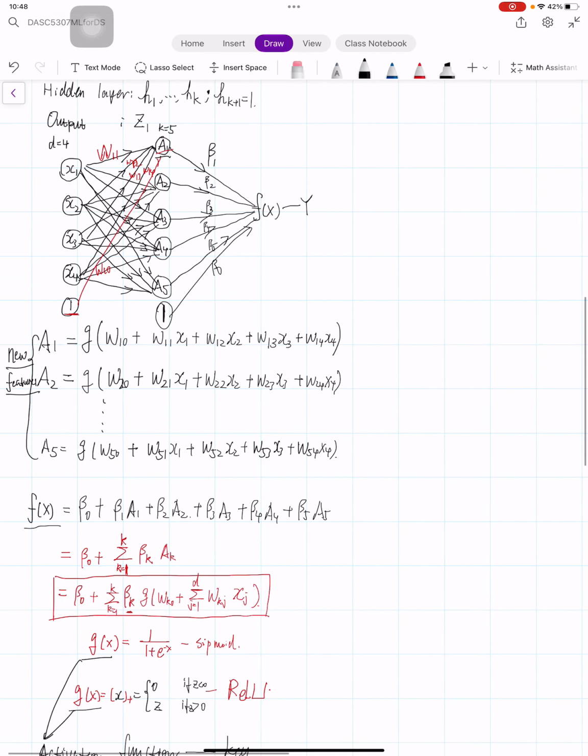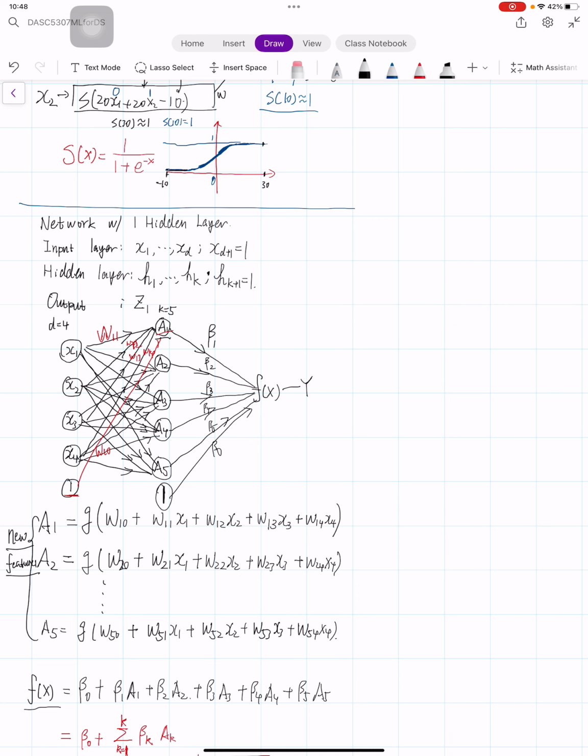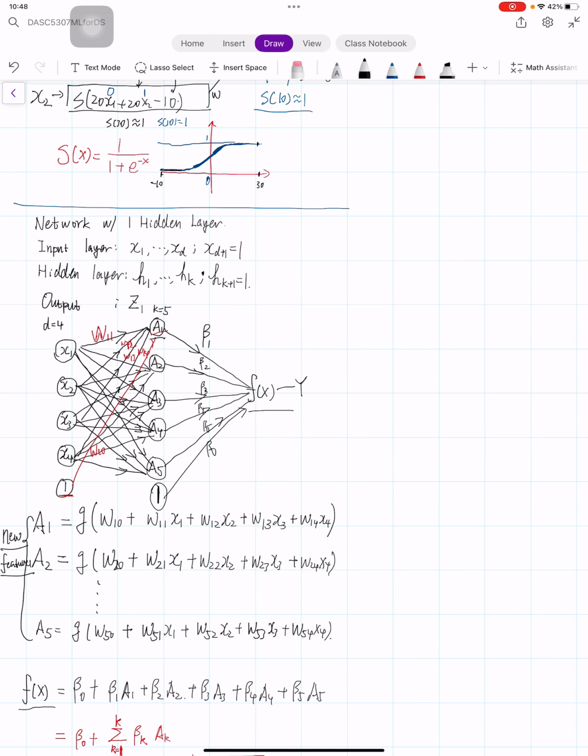Actually, this example I just showed you is a neural network with one hidden layer and with a single output.